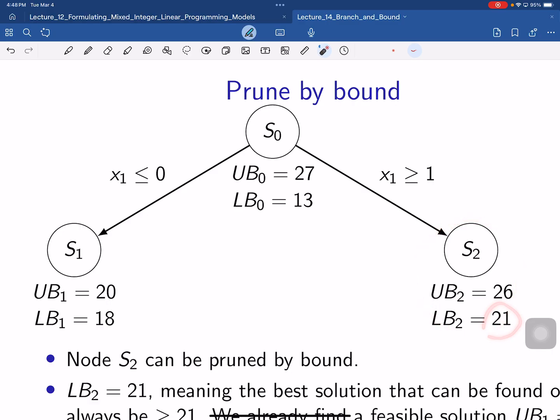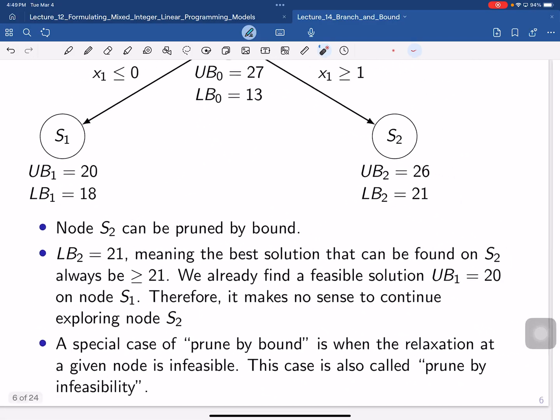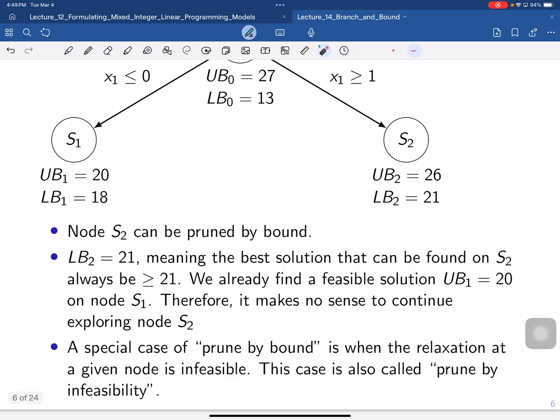Even if you continue branching on node S2, the best possible solution you can find is 21, but you already found a solution of 20 at the other node. Therefore, you don't need to continue branching on S2. There is no way you can find a better solution than 20, than 21. So here, as you can see, you found a feasible solution of 20. Therefore, it makes no sense to continue exploring S2.